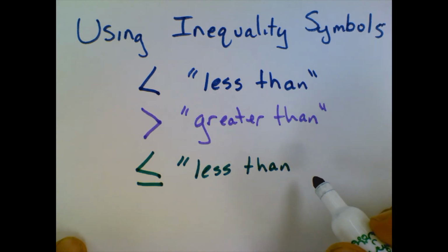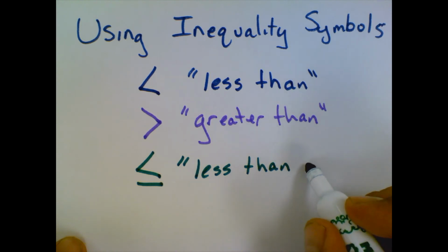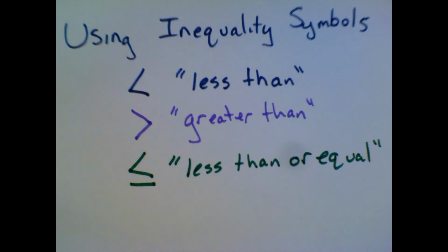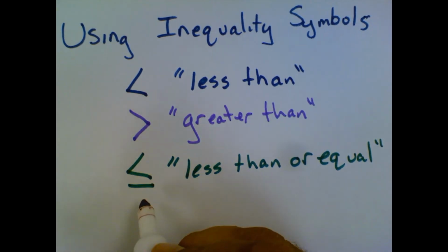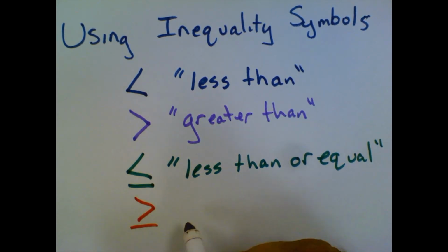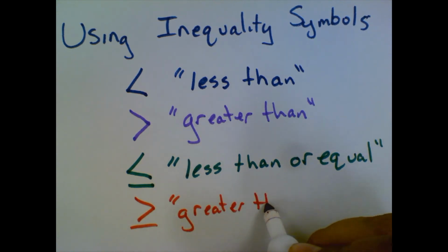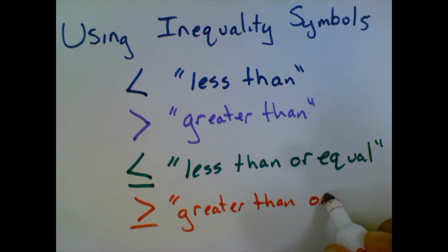Either the numbers, when you compare them, will be less than each other, or possibly this time equal. And along those same lines, we have greater than or equal to. Greater than or equal.